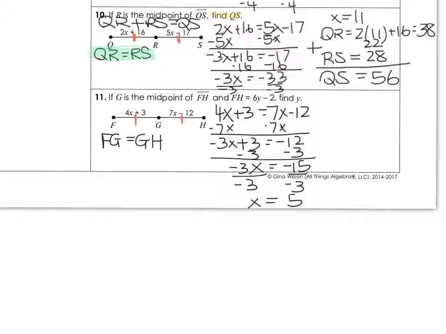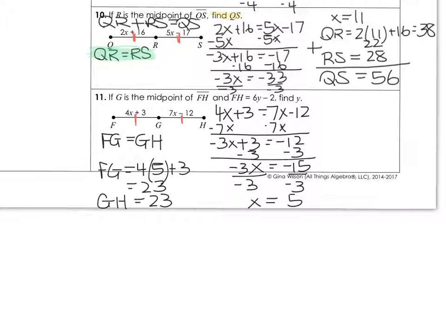Okay, let's find FG. Four times 5 plus 3 equals 23. And I know GH equals 23.